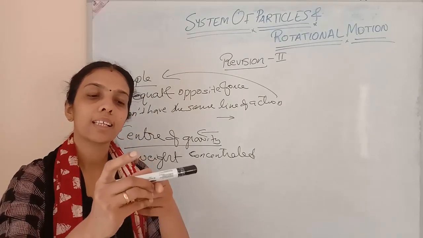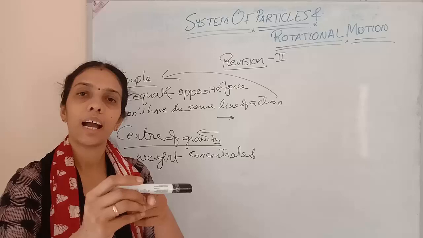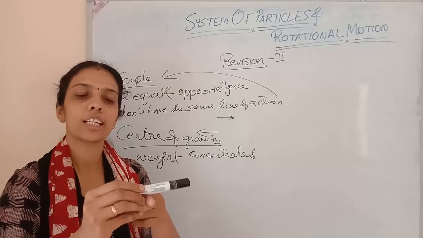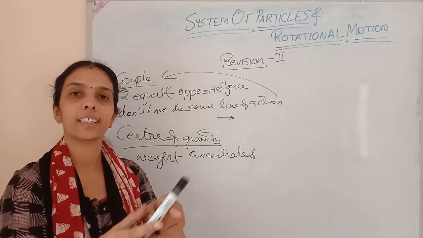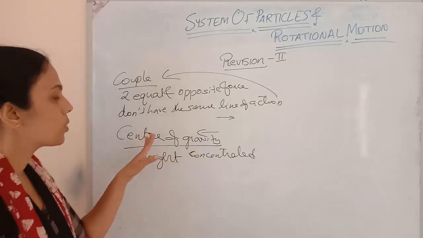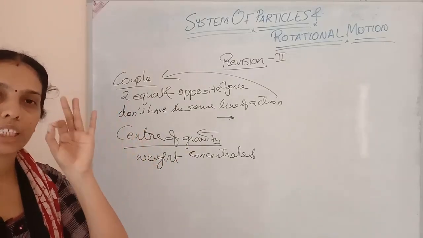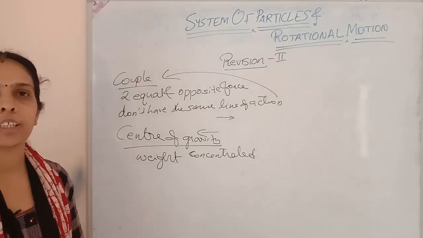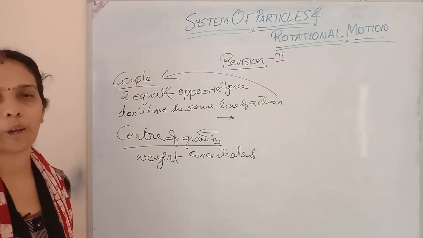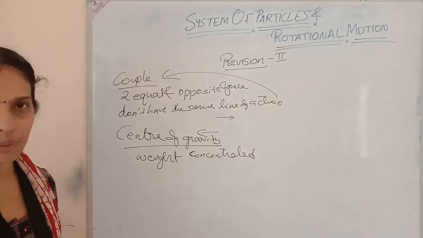This balancing is possible only because all the weight is concentrated at a single point. So all the weight of a rigid body is said to be concentrated at a single point, and that is called the center of gravity.